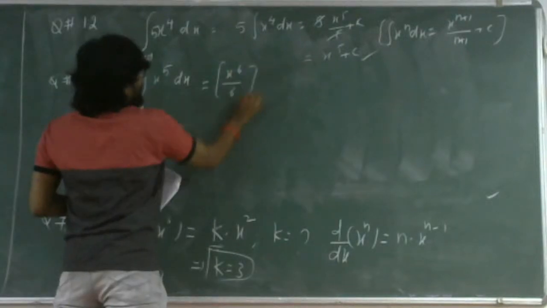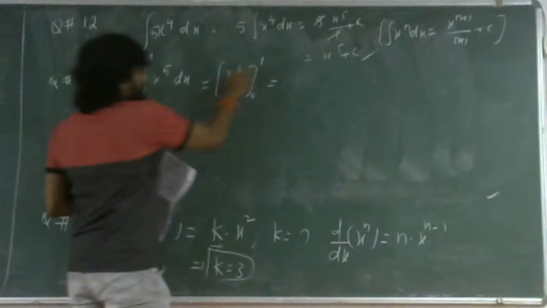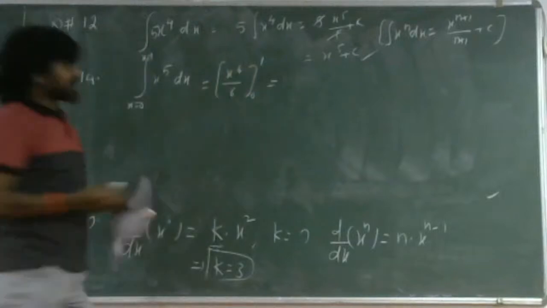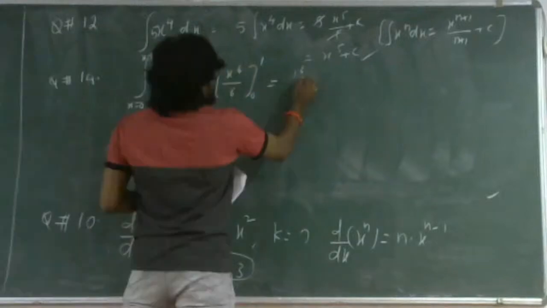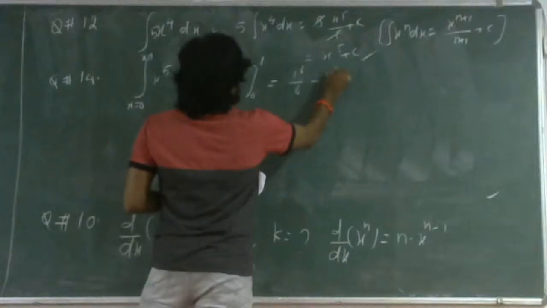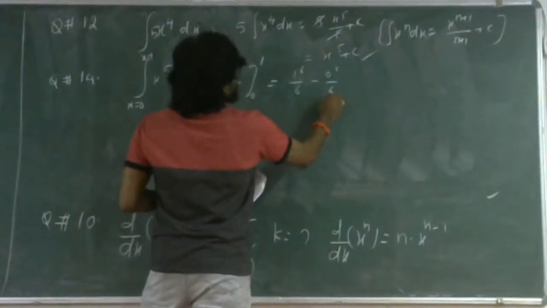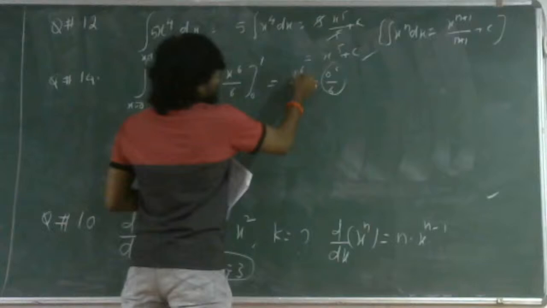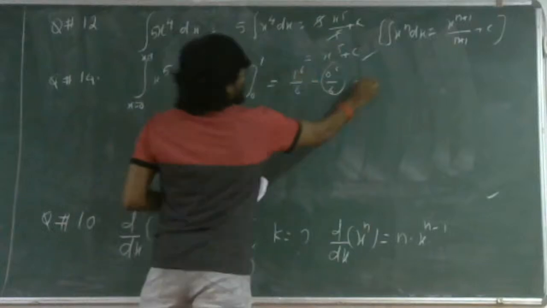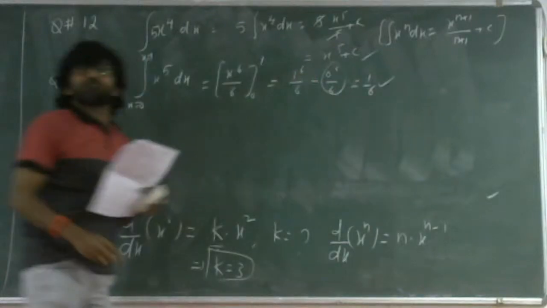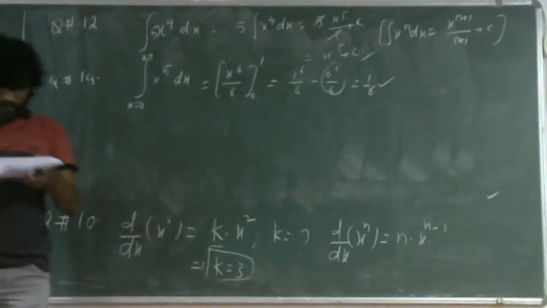The limit is 0 to 1, so upper limit minus lower limit. You can write it as 1 power 6 by 6 minus 0 power 6 by 6. It is 0. So 1 power 6 by 6 is 1 by 6.